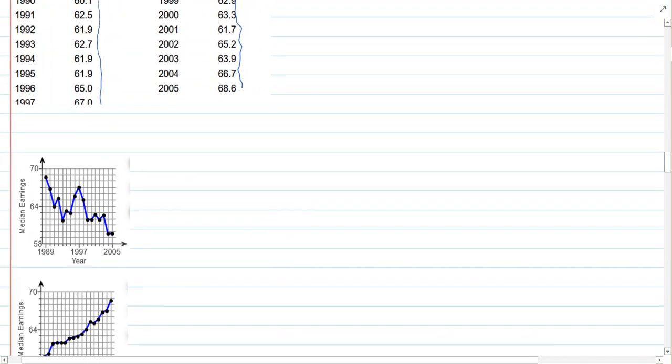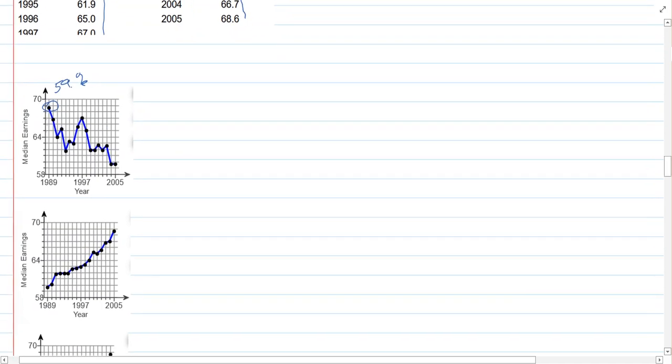Well, the first graph starts at 1989 being, it looks like, let's see, this is 64, 65, 66, 67, 68, 69. So each one is 1. So this one is 69. Well, this one's wrong because the first entry was 59%, more or less. So that graph does not suit it.